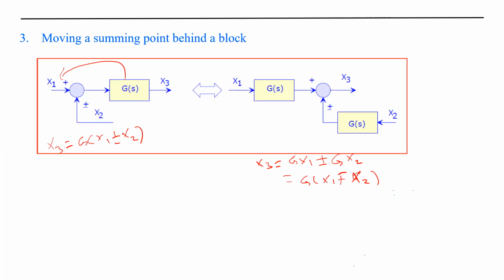Yes. I'm sorry, but why did we add more blocks? Why do we have more blocks? Because look, I want, if I move this G before the summing point, well, I would like to multiply x1 by G, and x2 also by G. Okay, I'm moving my summing point and positioning it after the block.